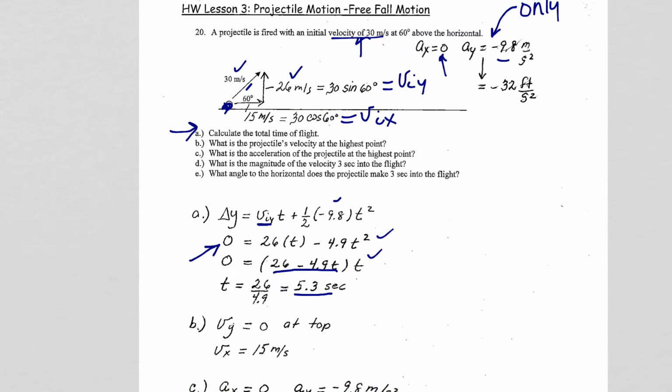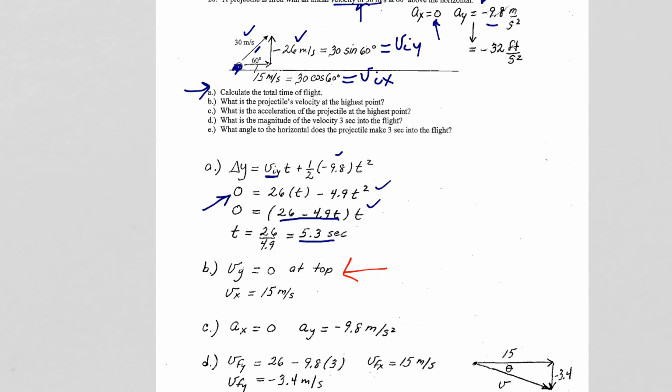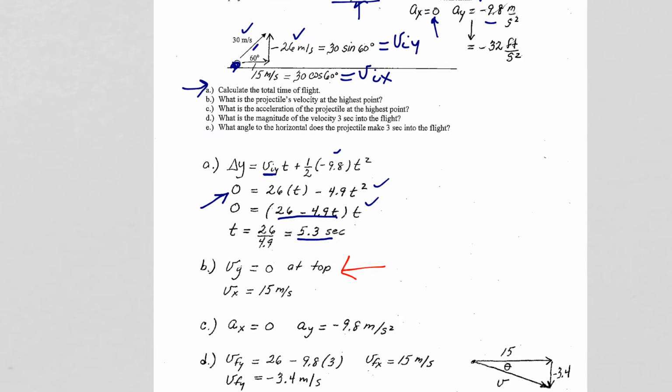What is the projectile's velocity at its highest point? Well, at its highest point, we know that v in the y direction is going to equal 0. That is always true. We will always take the velocity in the y direction when it has reached its maximum y height, because if it hadn't reached its maximum y height, the velocity wouldn't be 0. It would keep going.